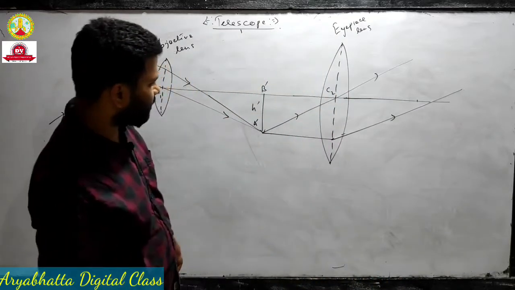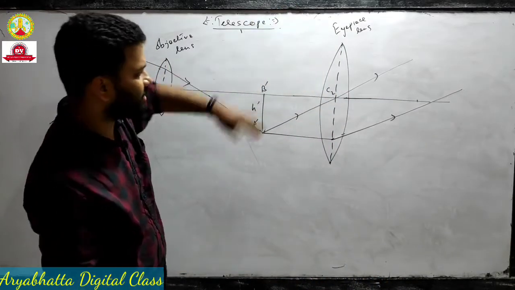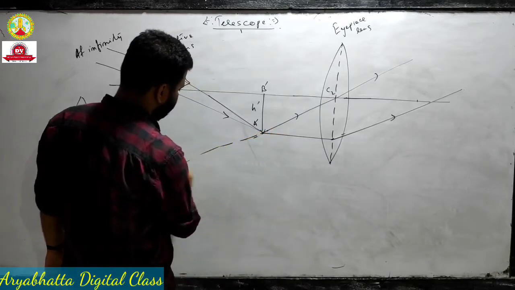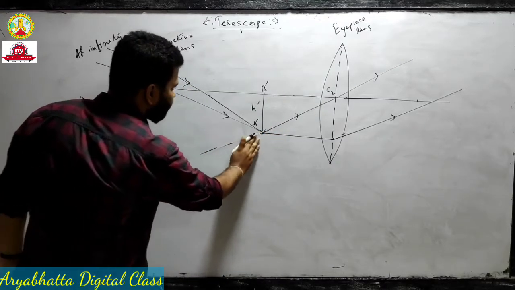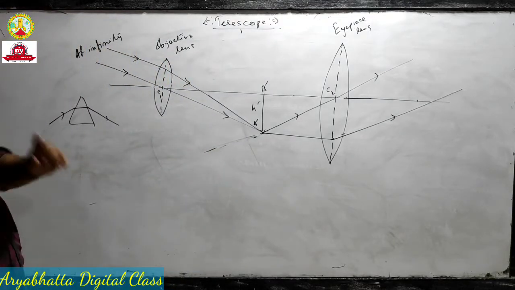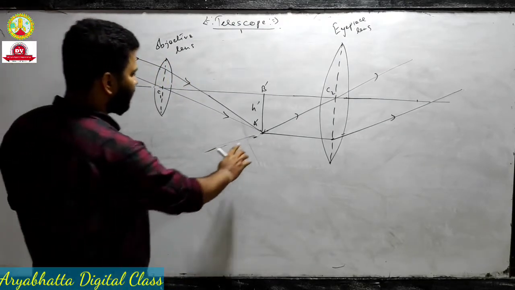These two light rays, they are diverging, so they will not meet at this side. So you have to extend the light ray.